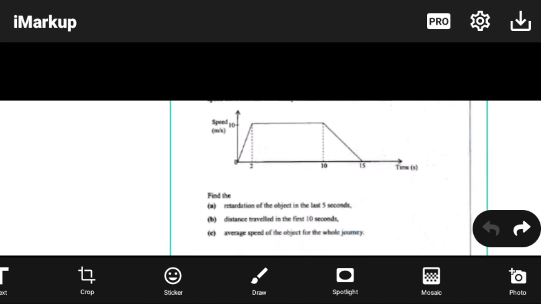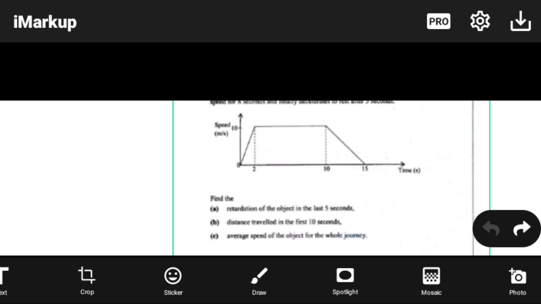So that is the speed time graph you are seeing there, but I'm going to draw it so that you clearly see how it's looking. Then the first question is saying we find the retardation of the object in the first 5 seconds, then the distance traveled by this same object in the first 10 seconds, and the average speed for the whole journey.